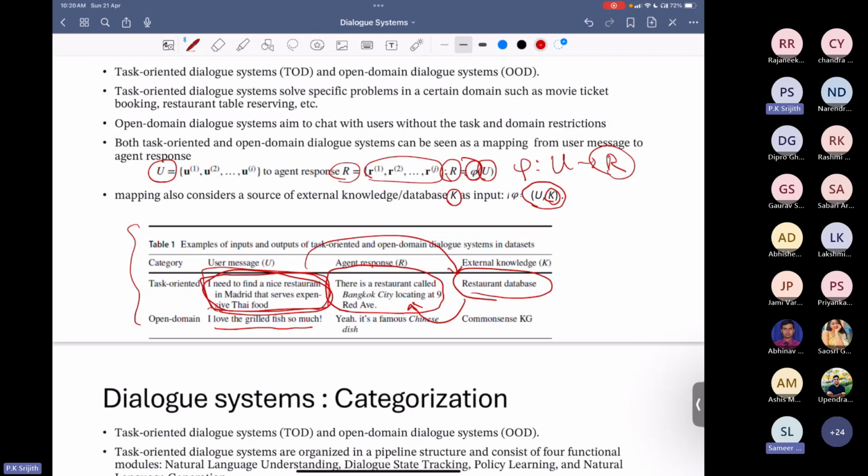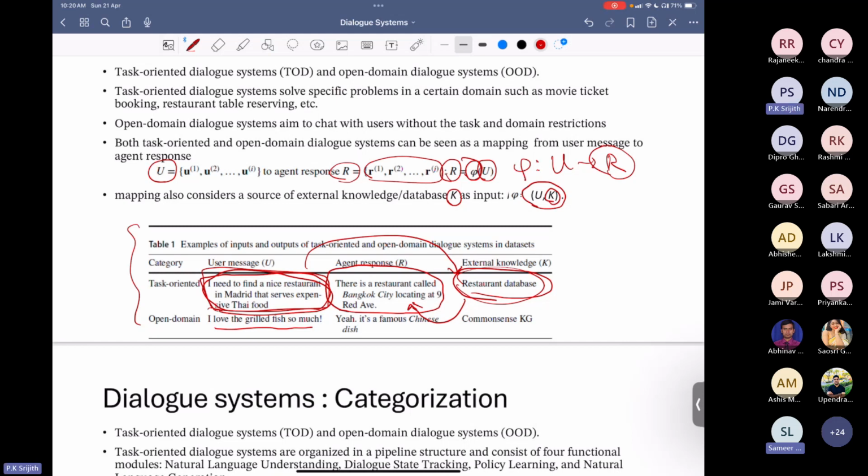What's the intent of the user? What the user is asking about: a restaurant or a location or a food, etc. So that intent of the user also has to be identified. On the basis of all these, it can query an appropriate database and get an answer. And then it has to put this answer in the form of natural language back to the user.